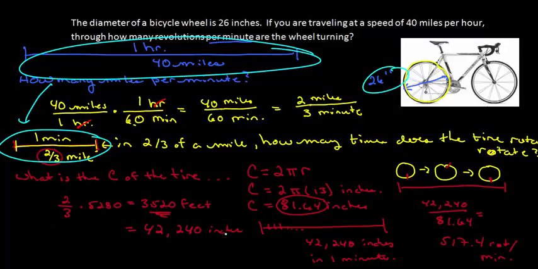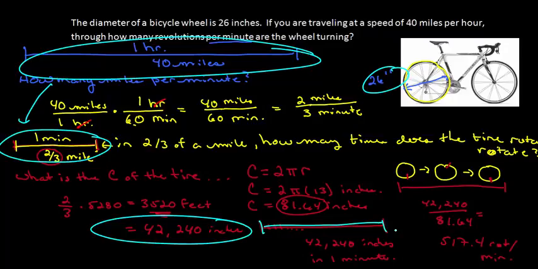So I did my conversion down here, got that length, and then I divided it by the distance around the tire, the circumference. So I took the length divided by the circumference, and that told me the number of rotations I would have in that time frame.